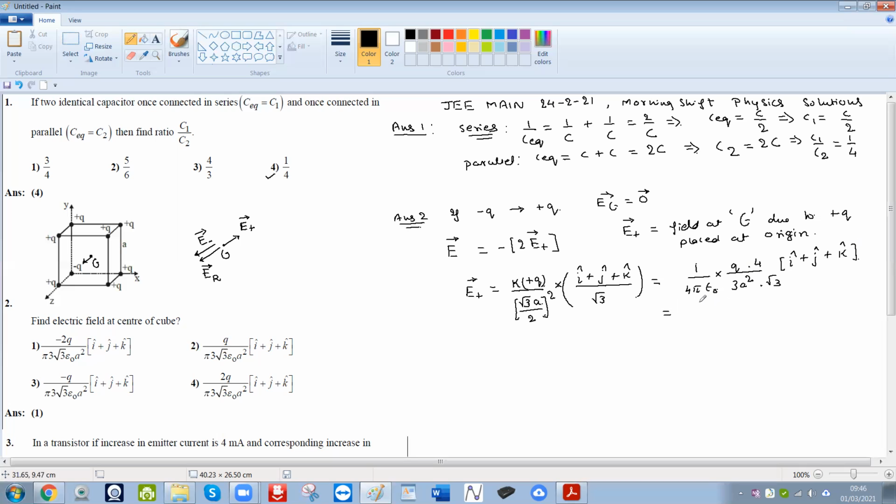So we get q upon 3 root 3 epsilon naught a square times i cap plus j cap plus k cap, and putting the value of E positive in this expression, we get correct answer as first.